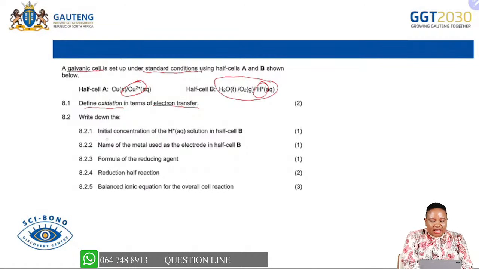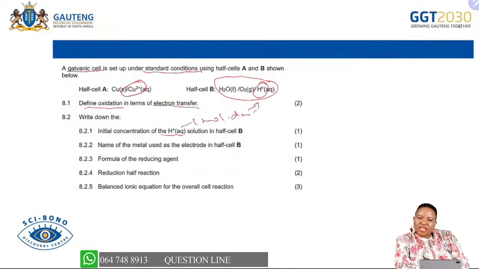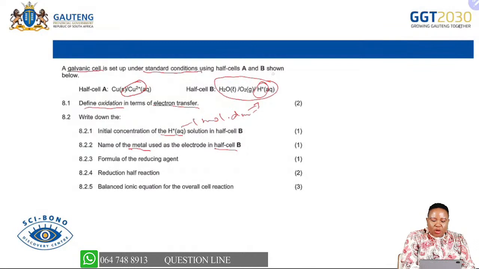Now, they ask for the initial concentration of H plus, because it's standard condition. Obviously, the examiner was just saying, what is the concentration of H plus, as you are saying this operates under standard condition. And the name of the metal used for electrode B. When you look at half cell B, there is no metal.